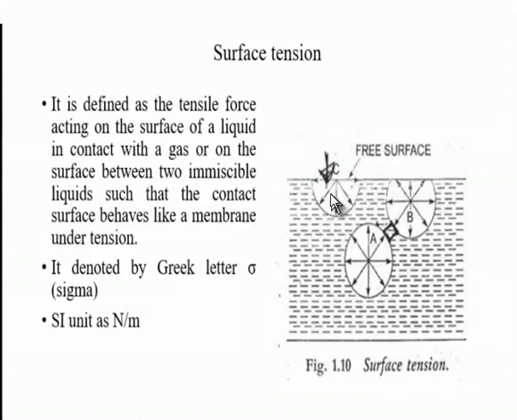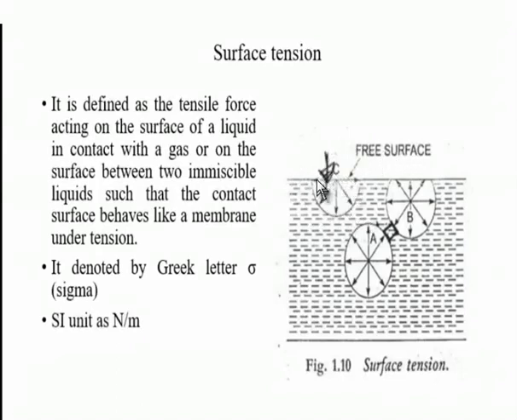It is subjected to the liquid as well as the gaseous. So whatever particles are present on this surface are subjected to the surface tension. Why is it so? It is between two immiscible fluids: one is liquid, and the other is gas.